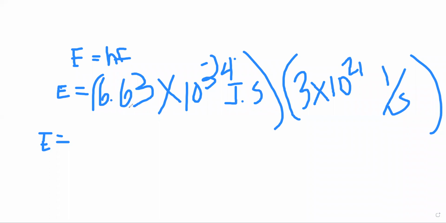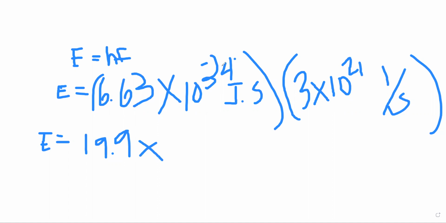So the 6.63 here will be multiplied by the 3 here. 6.63 times 3 is 19.9. So 19.9 times 10.